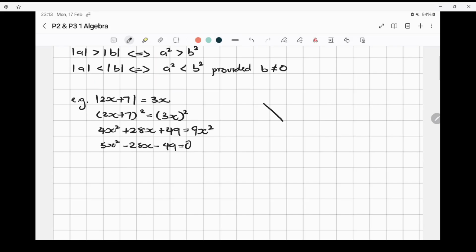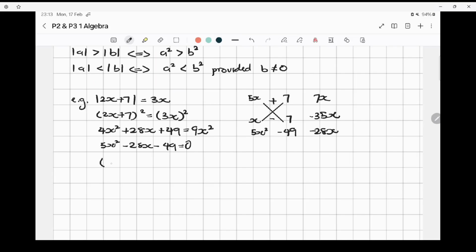Then you try to find the factors. You will have 5x squared over here, minus 49, minus 28x. 5x plus 7, x minus 7, with 7x minus 35x over here.